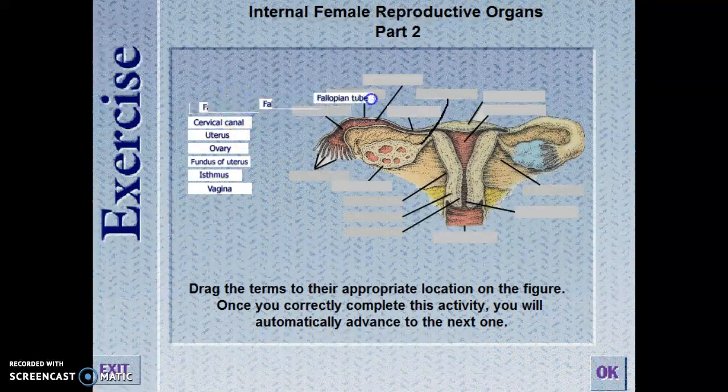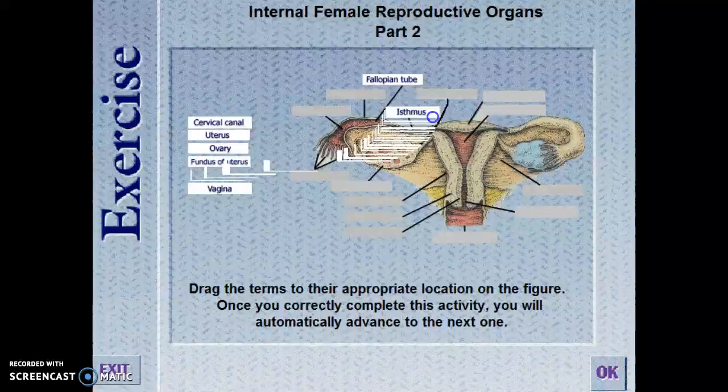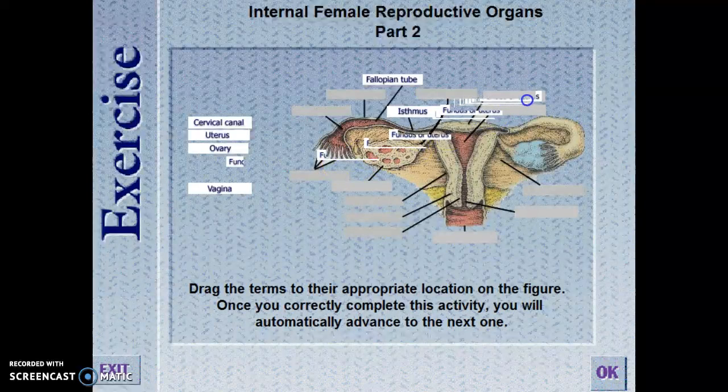So the fallopian tube is here at the top. Basically, that just shows the whole structure of the fallopian tube. The narrowest part of the fallopian tube is called the isthmus. The outer part of the uterus is the fundus of uterus, this top part. And then the uterus.